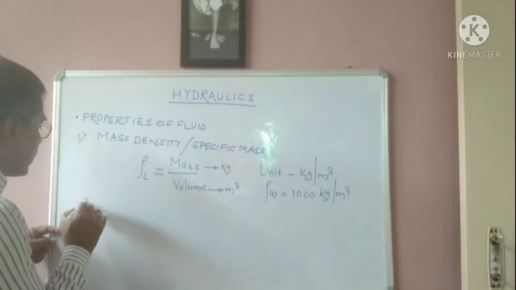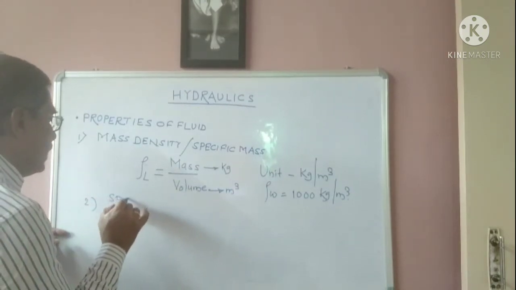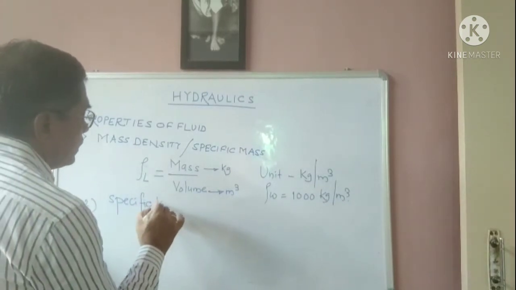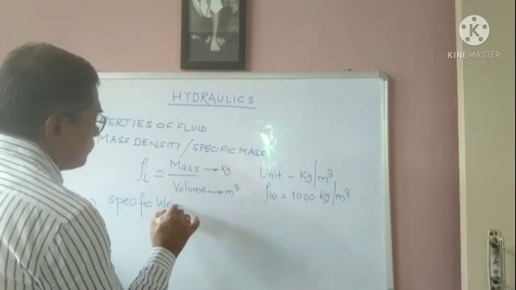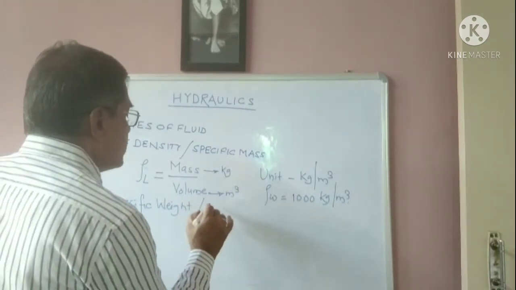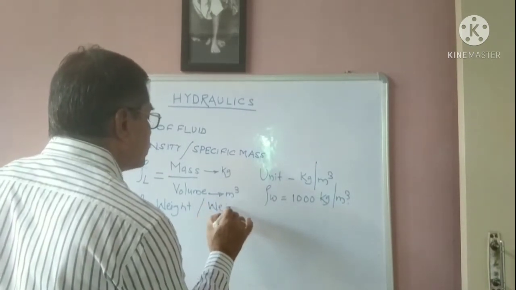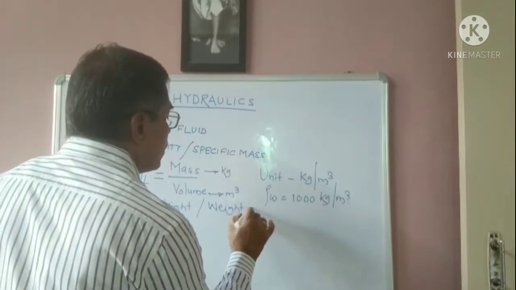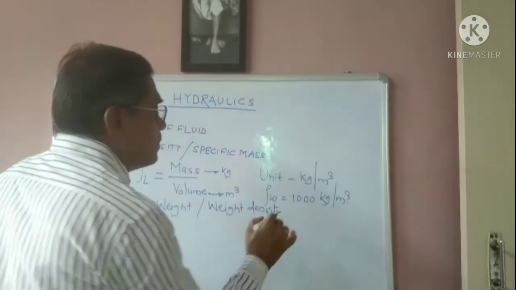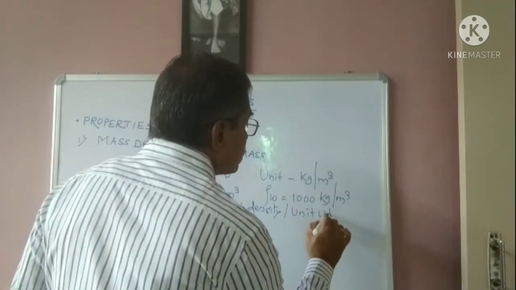Now the second property is the specific weight. It is also called as weight density, sometimes it is also called as unit weight.